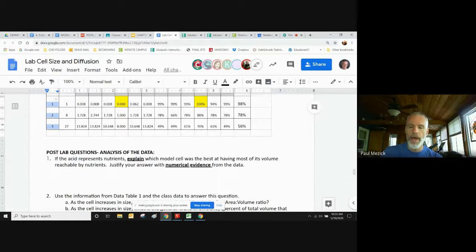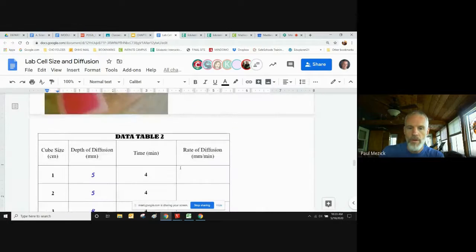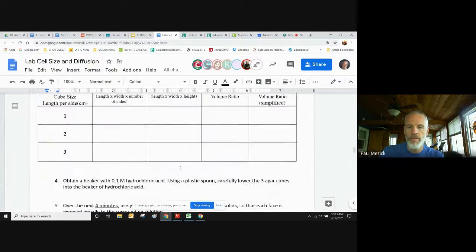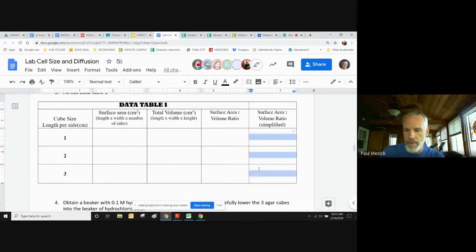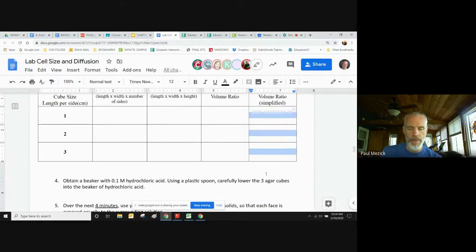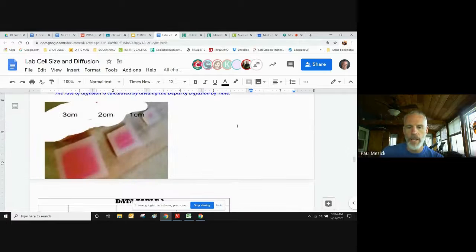So what you're going to have to do is go back to this data table, and you're going to have to extract some meaning or some support from this column. So if you were to take the lab and think about what you're doing in the lab, without going into numbers and stuff, how would you explain why this cube received more nutrient than the larger cubes?